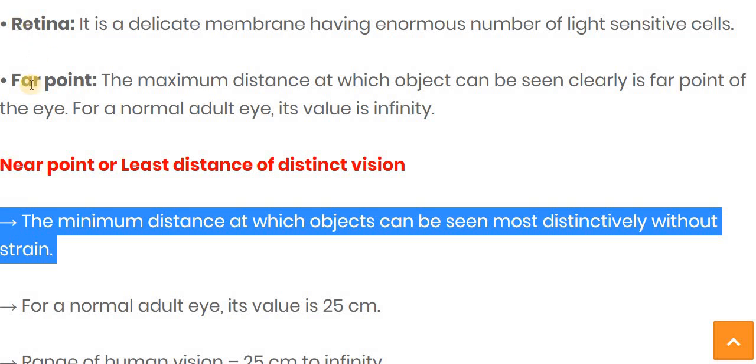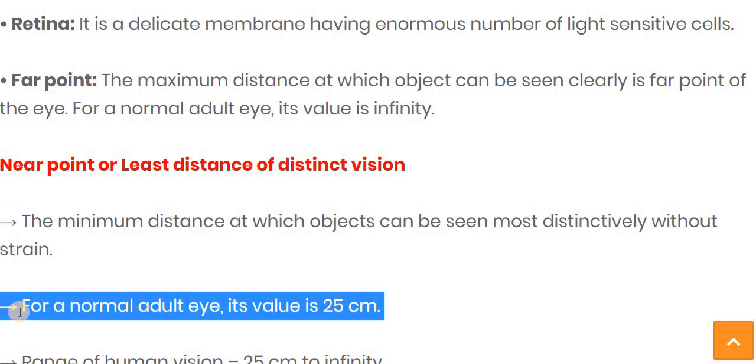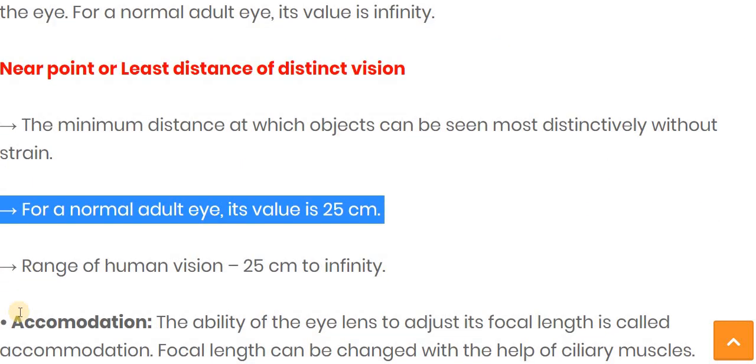What is the difference? In the far point, we consider a maximum distance, but in the near point, we consider a minimum distance, the minimum distance at which the object can be seen most distinctly without strain. So we consider that the least distance of distinct vision, or near point.